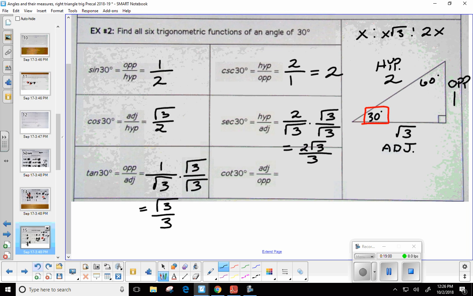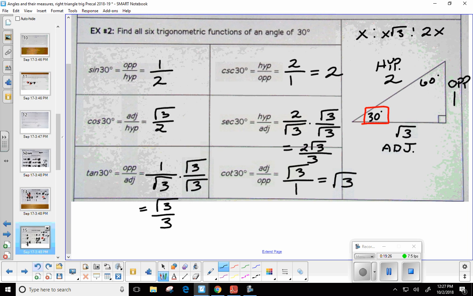There you go. That's all there is to it. This is the basis for everything we're going to be doing for quite some time. And our last one here, the cotangent of 30 degrees. Anybody tell me what the answer is? It is just the square root of 3. If you're going from the ratio, the adjacent is square root of 3 over the opposite 1, and just square root of 3.